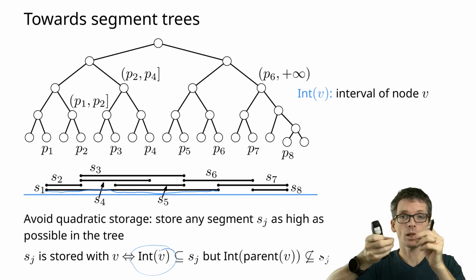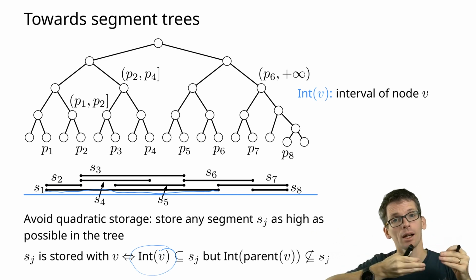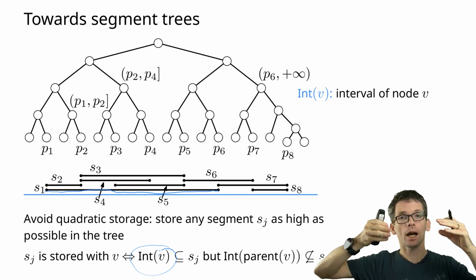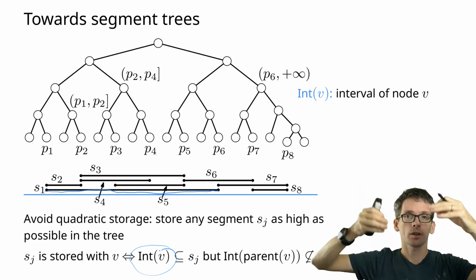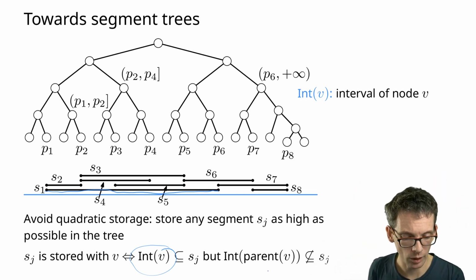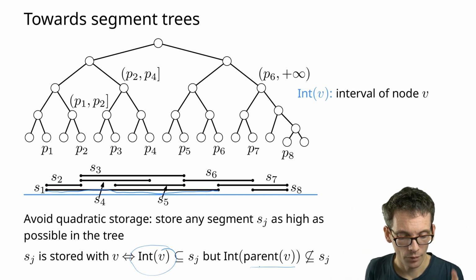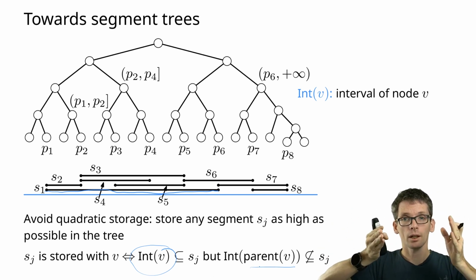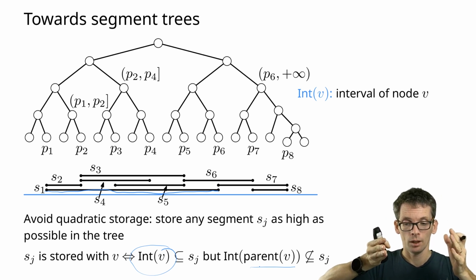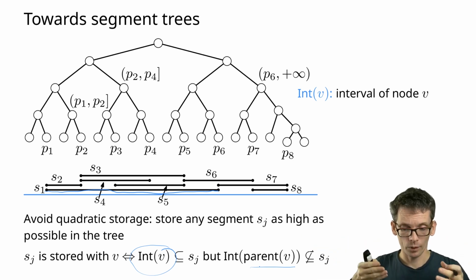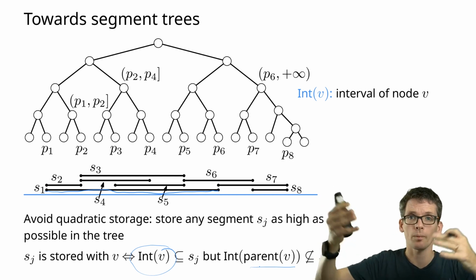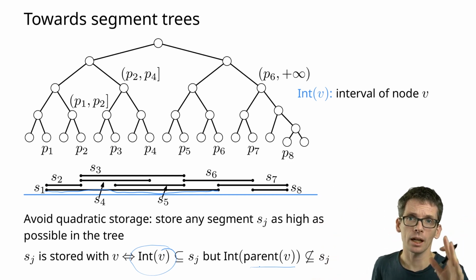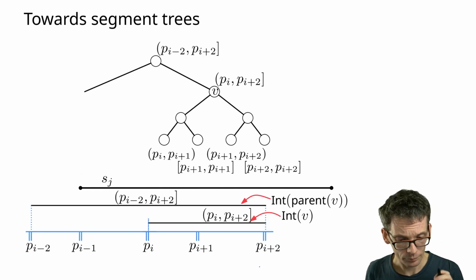So no matter where in that interval I am, I'm going to stab that segment. But I cannot store it further up. That means I cannot store it at the parent because the interval of the parent is not completely covered by the segment. And of course, this can be true for many nodes in the tree, and we'll have to see how many that actually is. But let's first have an example.